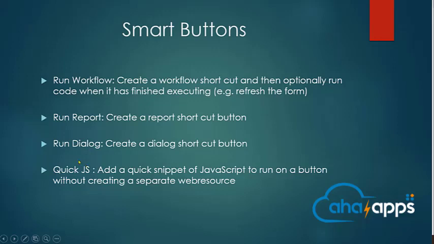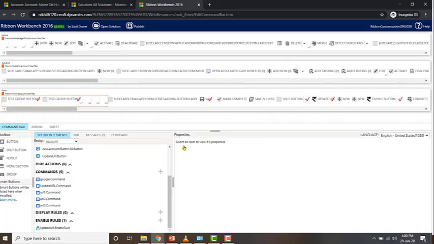It is different from the conventional button in that you don't need to create a separate web resource for it. You can write it on the fly and make the button run the JavaScript when it is clicked. So that is smart buttons. In the next video, we'll start creating some buttons.